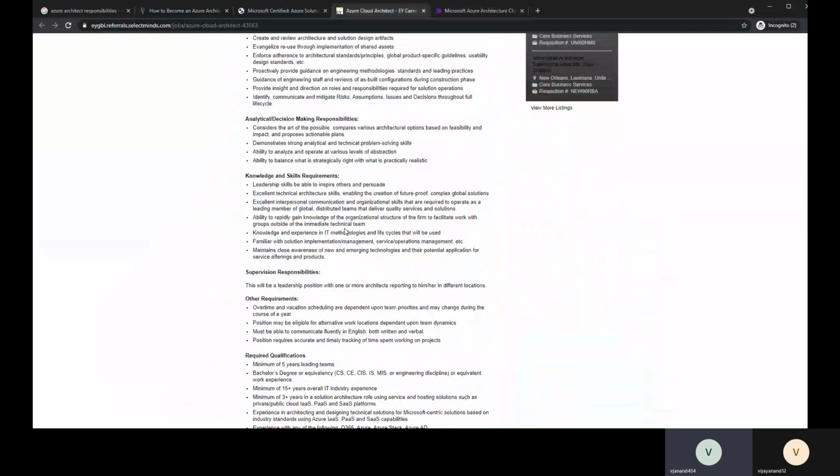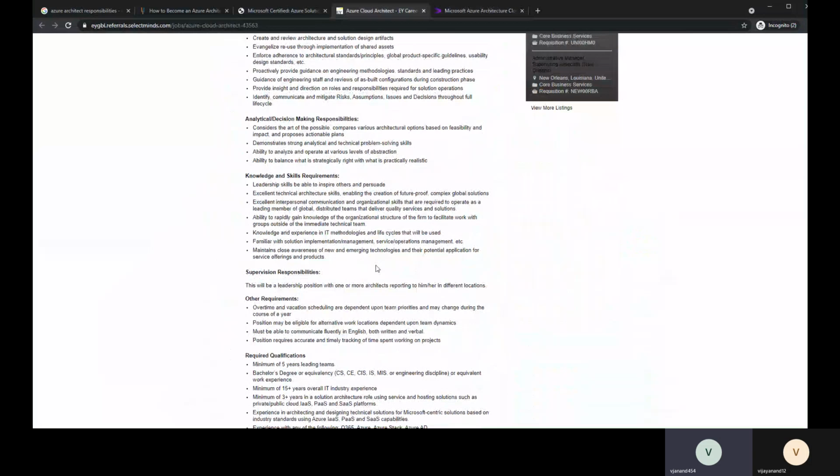Leadership skills, being able to inspire others and persuade. Excellent technical architecture skills, enabling the creation of future-proof complex global solutions. Excellent interpersonal communication and organizational skills that are required to operate as a leading member of global distributed teams that deliver quality services and solutions.